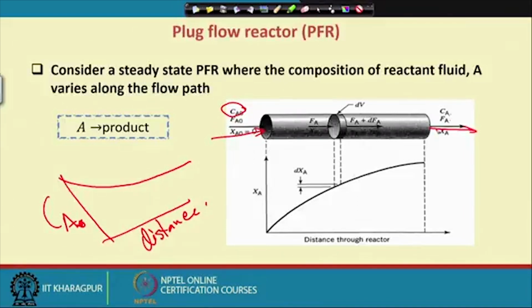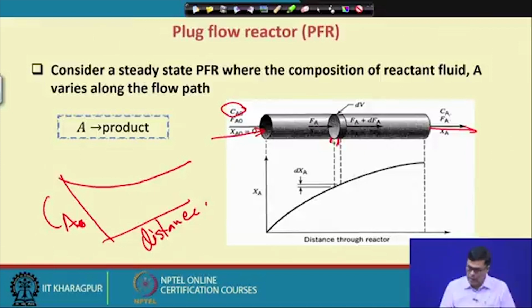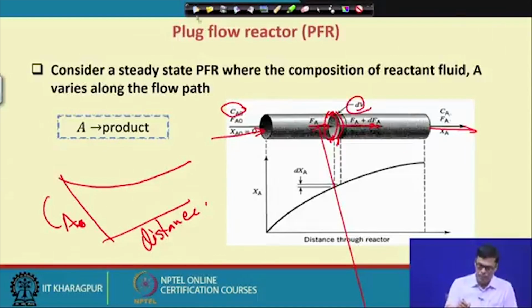So for the analysis of the plug flow reactor, we have to assume a differential segment in the reactor, a small segment, and we can do the material analysis across the segment. Let us assume Fa, the moles of A entering here, and what goes out is Fa plus dFa, and the volume of this segment is dV.